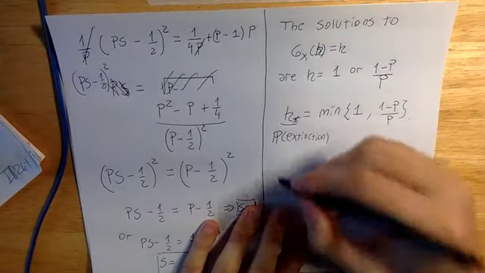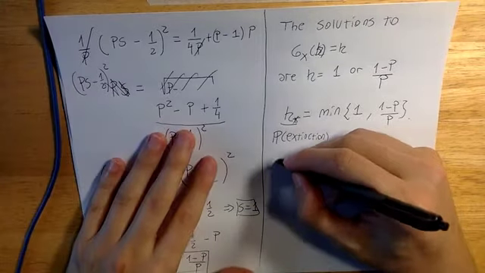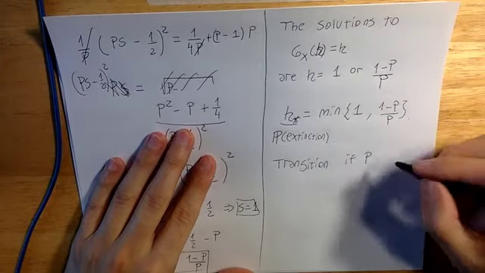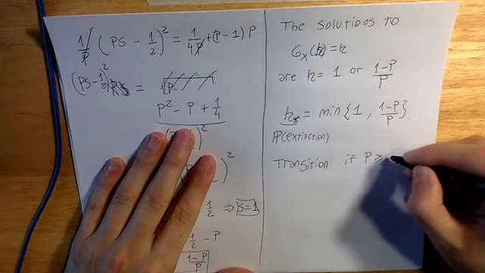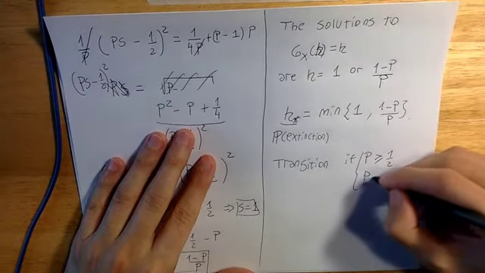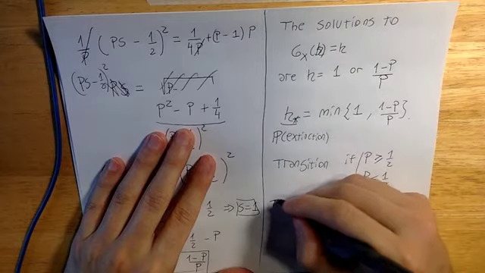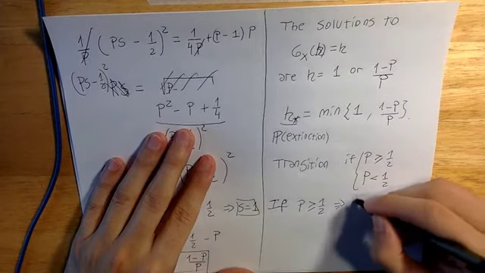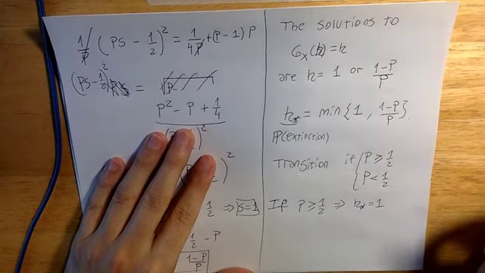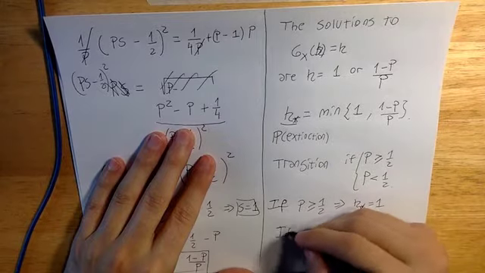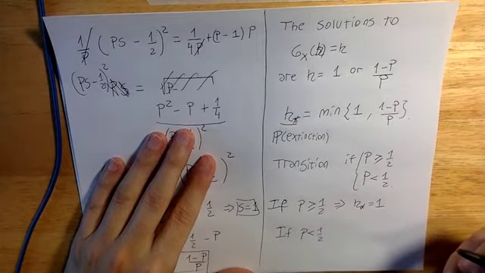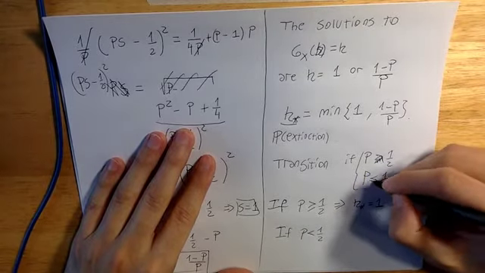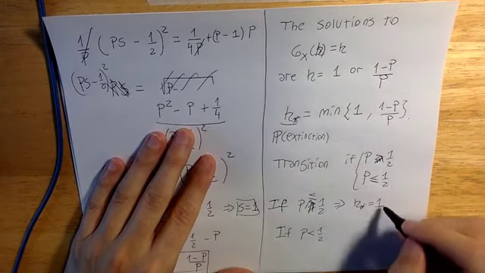So here we can see that there is a transition, a change, if p is bigger or equal than 1/2, or p is less than 1/2. If p is less or equal than 1/2, then eta star is equal to 1.